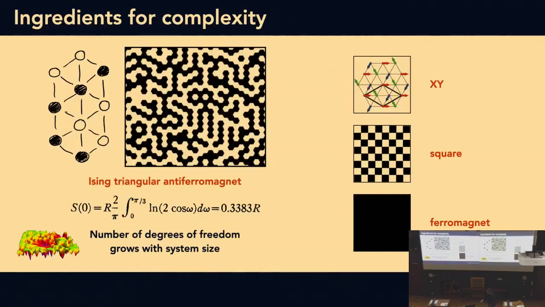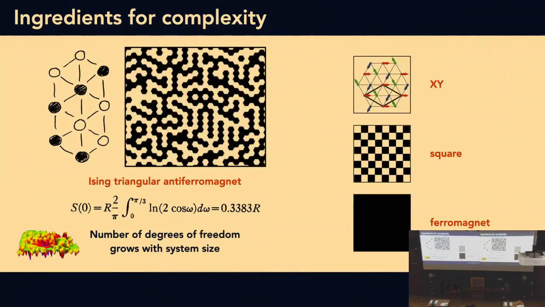What this is saying is that the family of states with the same energy will actually double if I double the size of the system, for example. There are more degrees of freedom the bigger the system you make, and that's quite extraordinary. And in fact, it allows you to actually store information in these states.